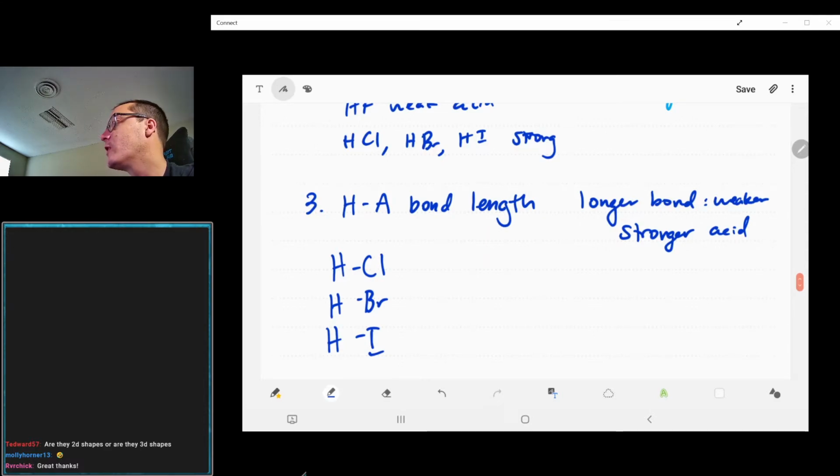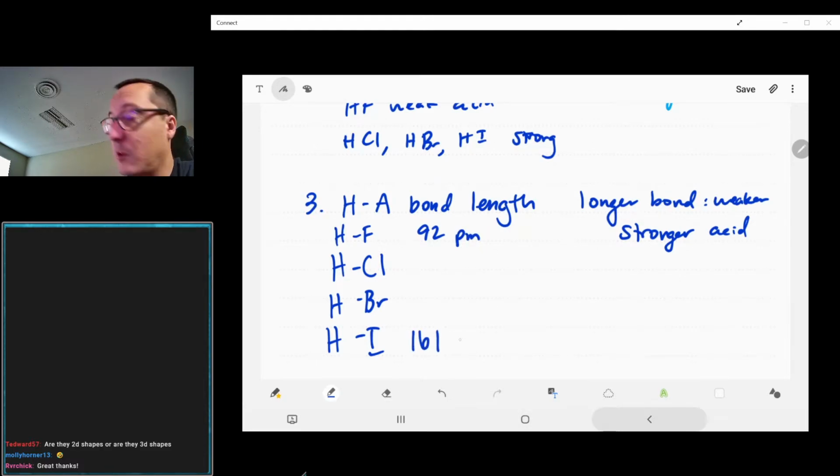If we go ahead and look at these, let's see, HI bond length. Oh, thank goodness, we have some bond lengths here. Let's even look at HF. HF's bond length is 92 picometers. For HI, it's 161. How about HCl? Let's look at some numbers here just to put those out there.